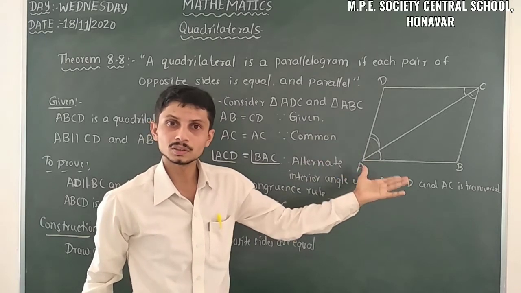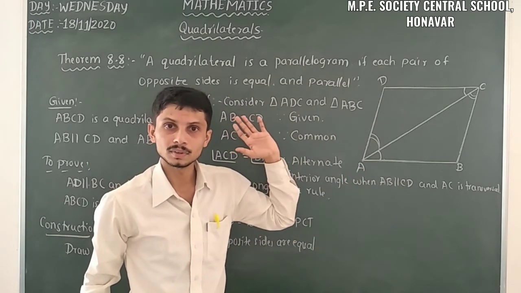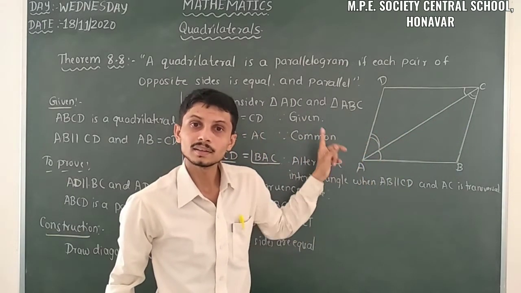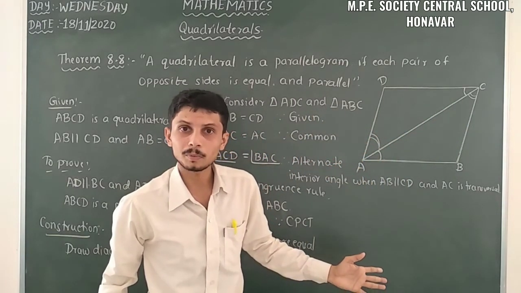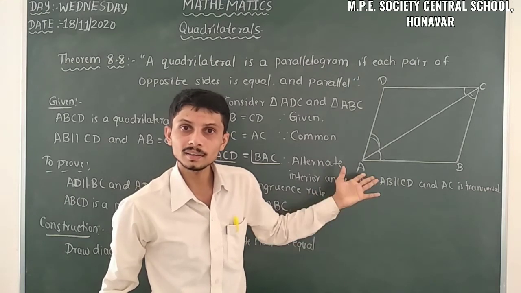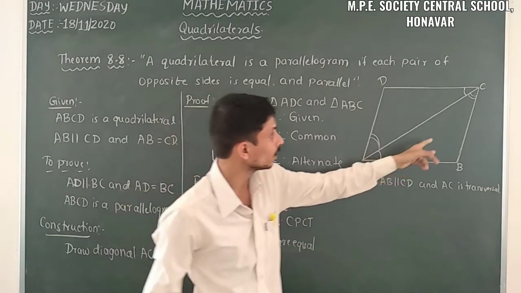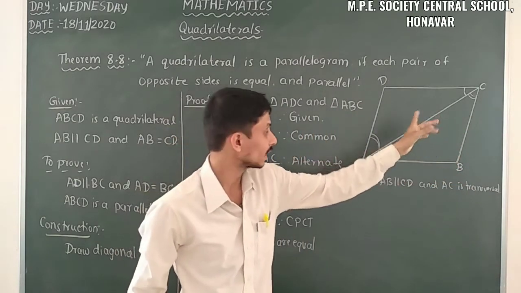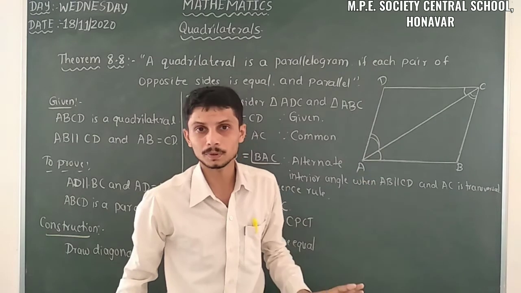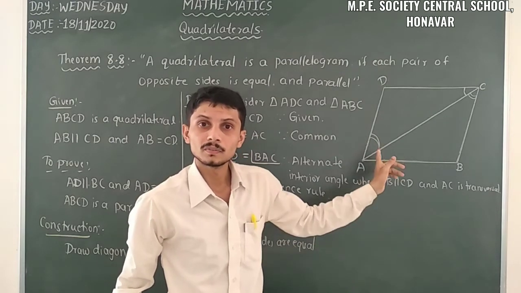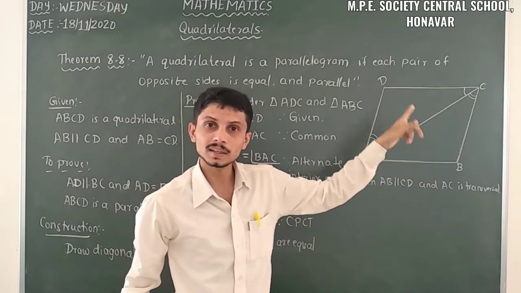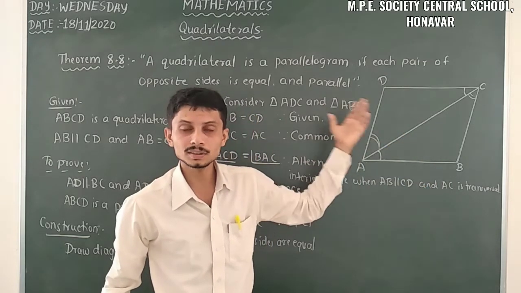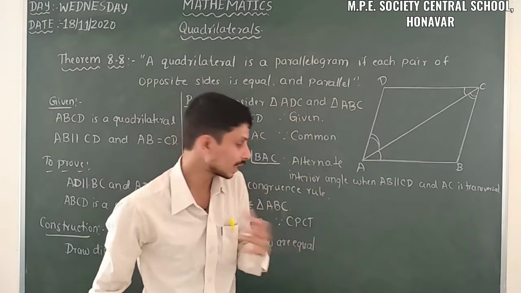Yes, obviously. When we have those two equalities, it becomes a pair of alternate interior angles, and then AD is parallel to BC, with AC as a transversal.